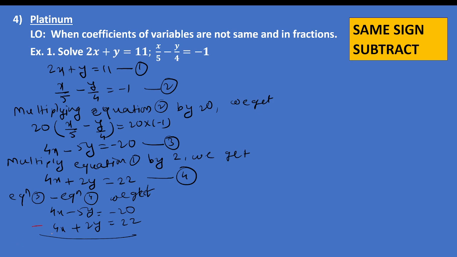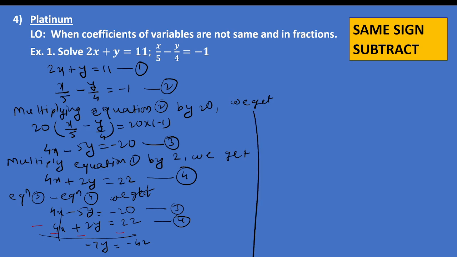So all terms of my below equation will change sign. This is equation number 3 and equation number 4. So the 4x will get cancelled, and this is minus 7y, and this comes out to be minus 42.